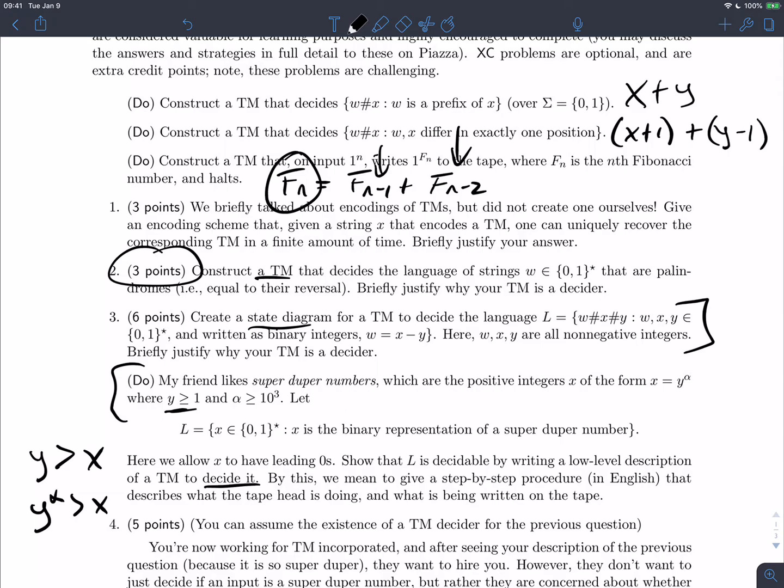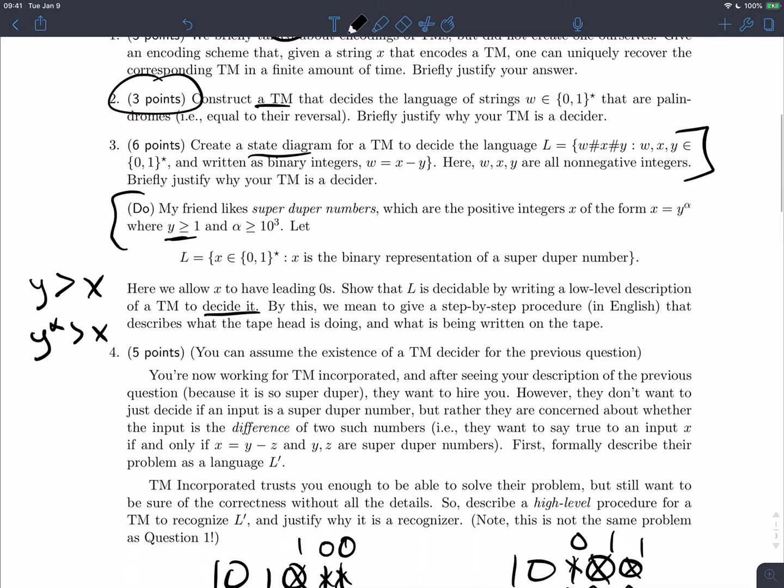Yeah, make them all 0s and put an extra 1 at the beginning. But wait, if I'm confined to a certain space and I need one more position, what do I do? Shift everything else right. You see how everything works together to solve these problems? Yeah. So if you detect it's all ones, then shift everything else right, which is not hard to do.